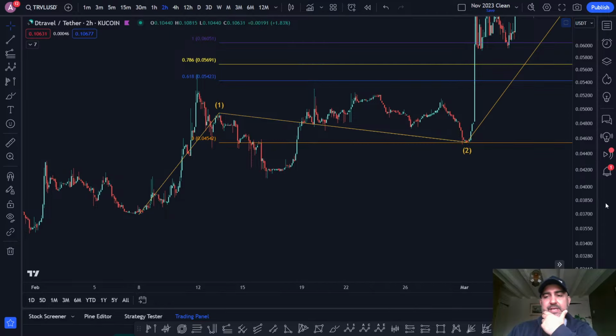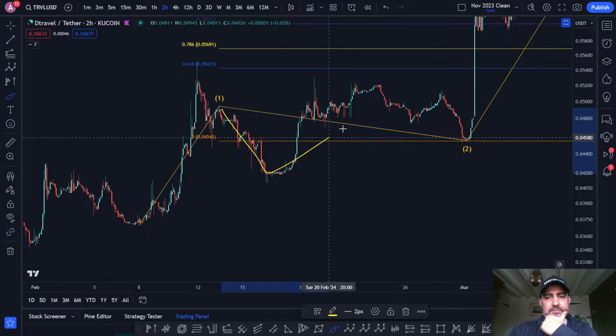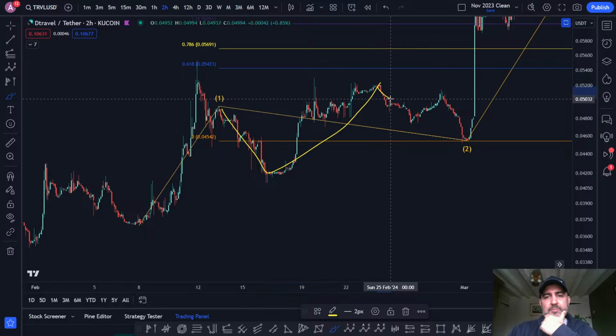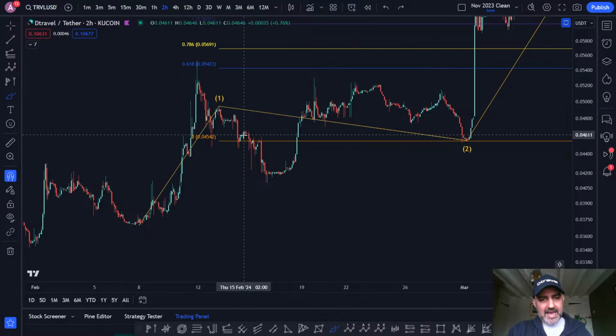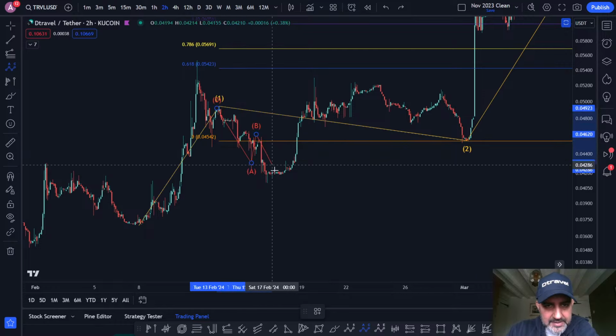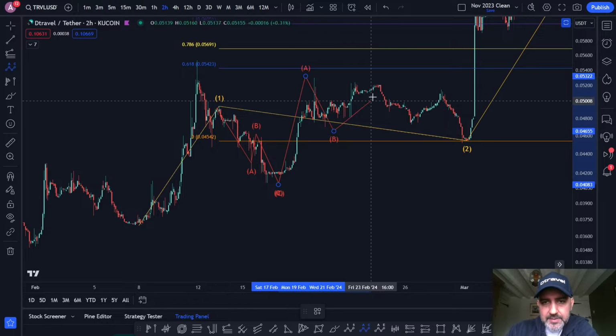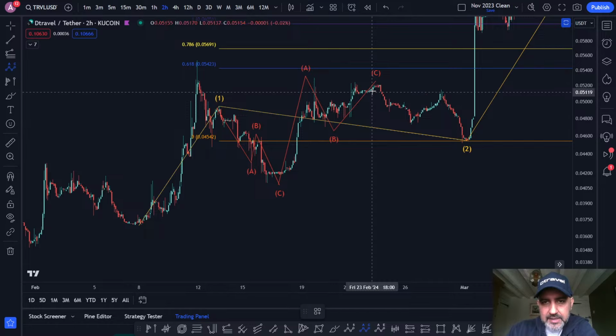Now, look at this, this is madness. But basically I'm saying A, B, C. But it's really not. It's multiple. It's like ABC, ABC, ABC. You can kind of see that that's what it is. A, B, C. And then it's like an ABC here.